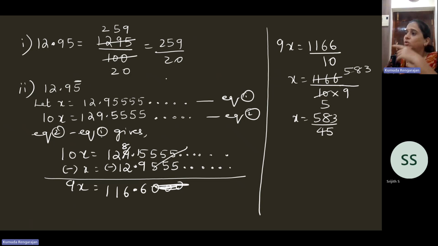Be careful, yeah. So what did you do? You also took 95 recurring, is it? Okay. Ma'am, I put the question correct, ma'am. But they said the question is wrong. They both put the wrong question.